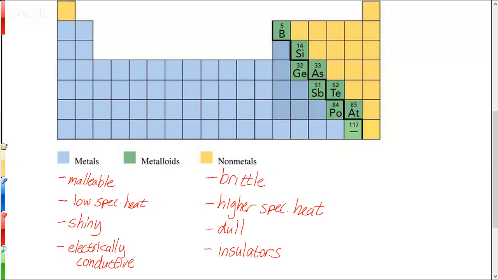So ruthenium's on the same side, so it's also going to be a metal. So metals on the left, nonmetals on the right, metalloids in the middle. That's another way to classify elements in the periodic table. All right, so that's basic periodic table classification. Any questions about that?